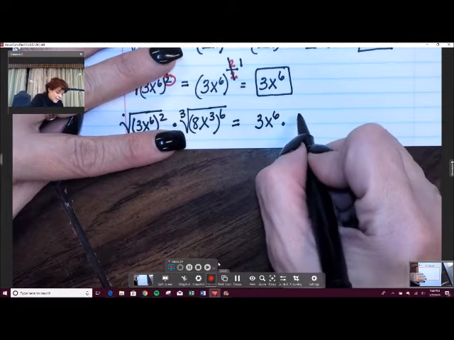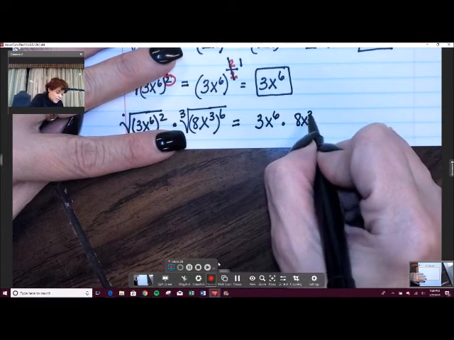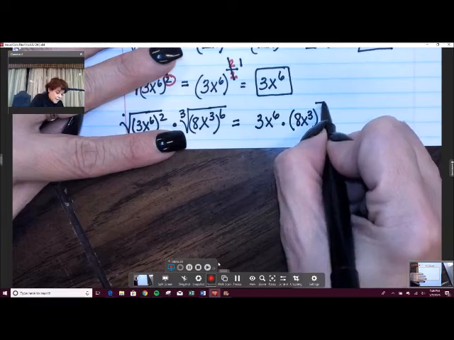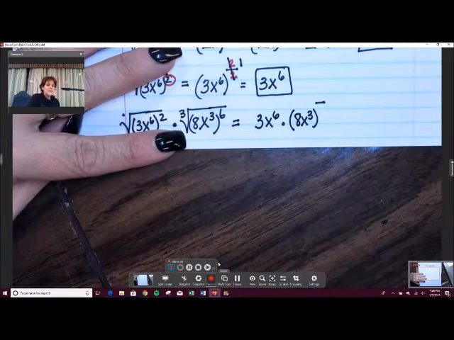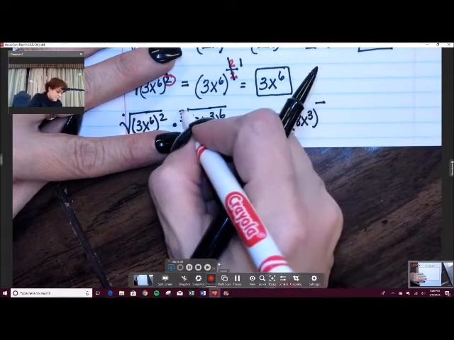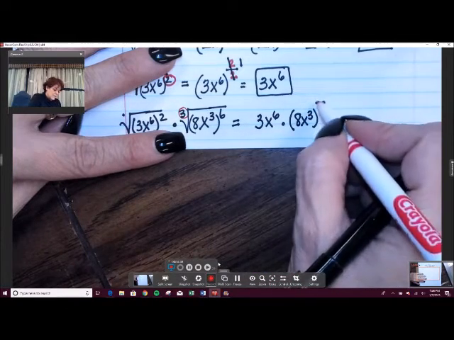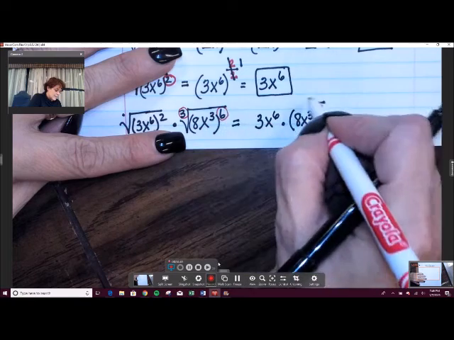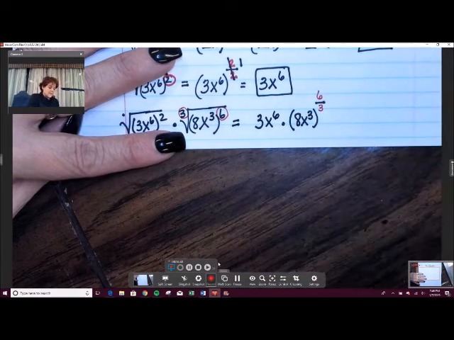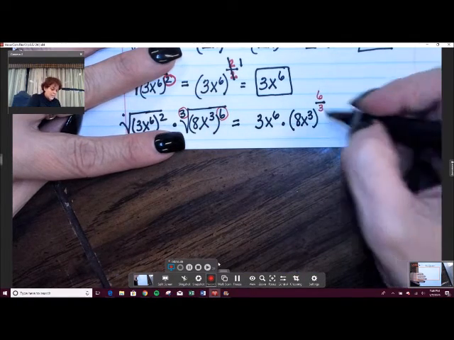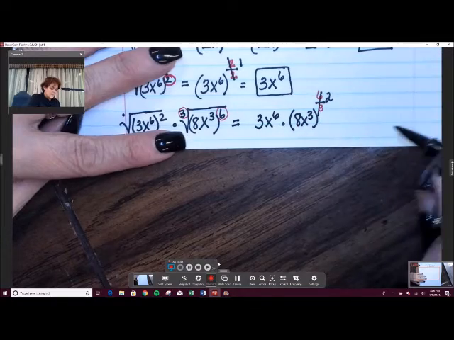All right, so that is 8x cubed. I see the radical. What's the root on this one? The root's a little different. The root is 3. So on the bottom I have 3. The exponent is 6. 6 over 3 is actually 2.